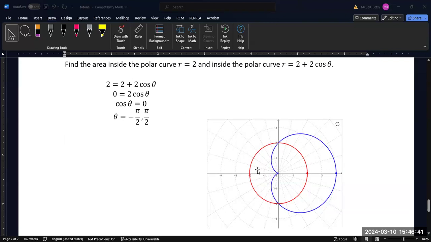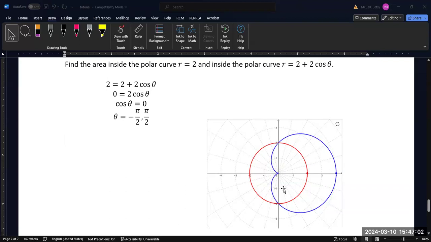Now, it's very tempting to just have one area integral and to simply try to find the area which is bounded here by this circle in between these two limits.